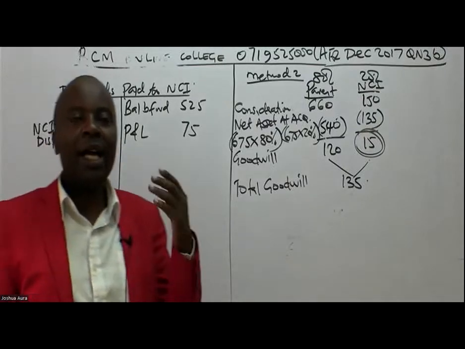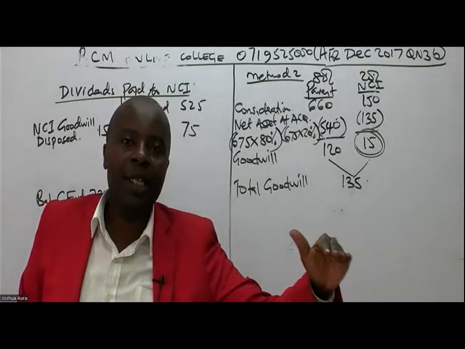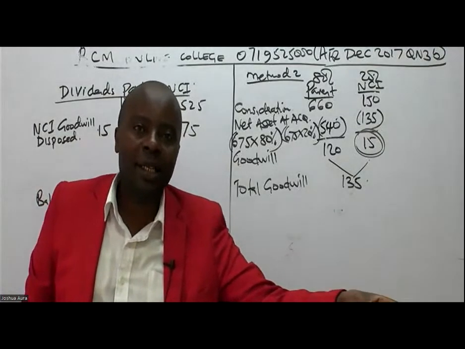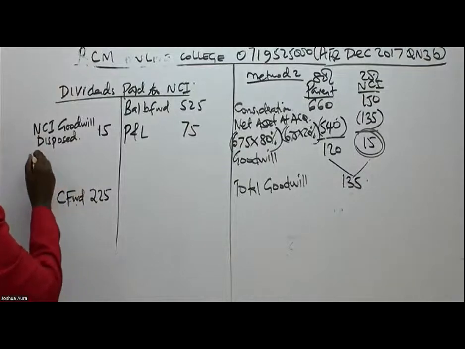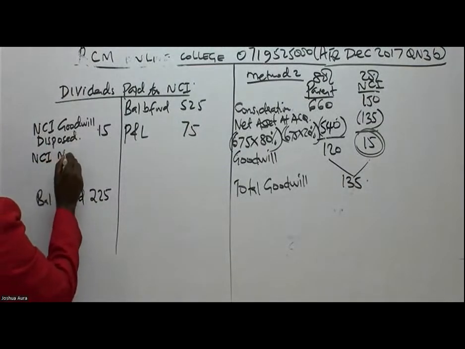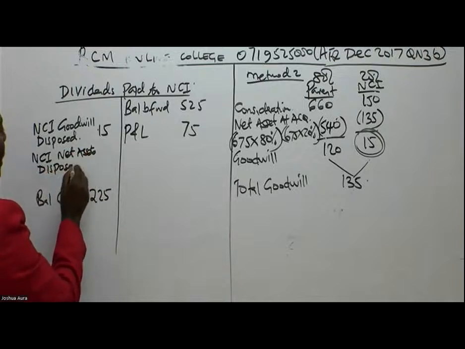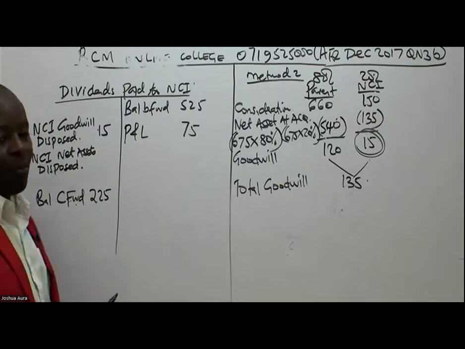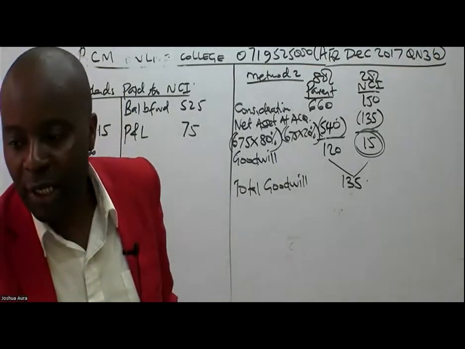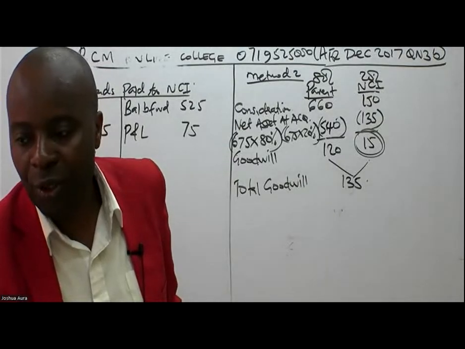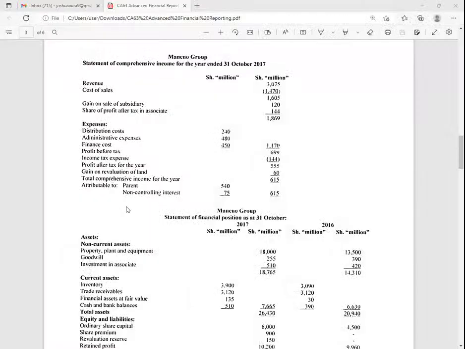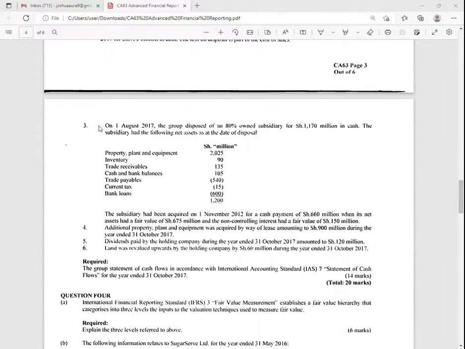Also remember, with the gone subsidiary, they lost some net assets. So we have NCI's net assets disposed. If you look at this particular question, they have told us the net assets. Look at note 3: on 1st August 2017, the group disposed of an 80% owned subsidiary for shillings 1170 million in cash.